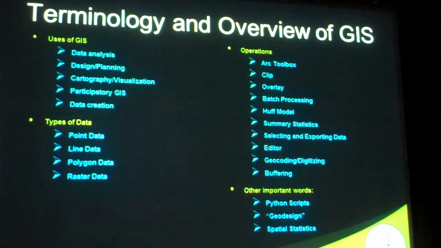So some classic operations are clipping, overlaying, batch processing, summary statistics, selecting and exporting data using the editor, geocoding and digitizing data, that's entering new data into the system, and buffer analysis. And then some other words, Python scripting, that is the programming language behind GIS, so that's where you can design your own tools. Geodesign is the process of thinking about GIS analysis, and we'll get to that as well.